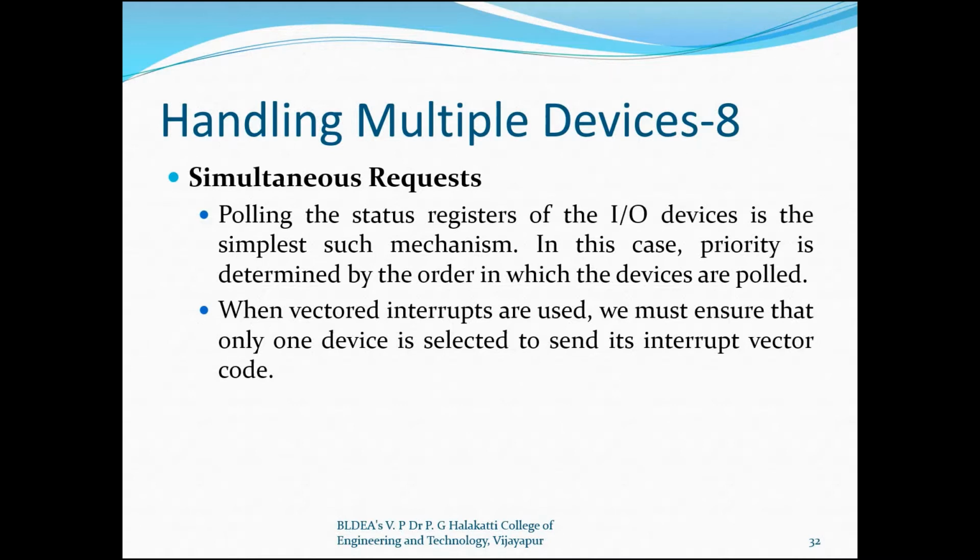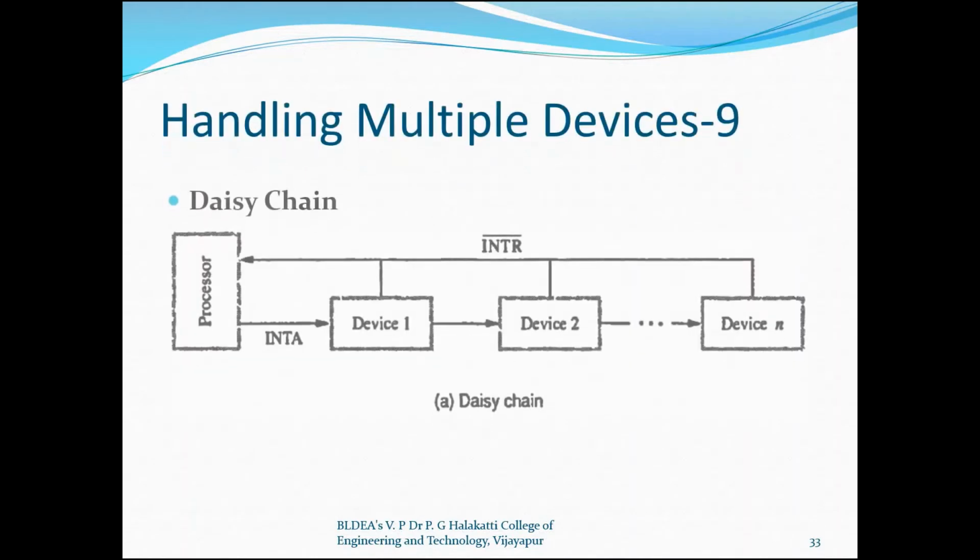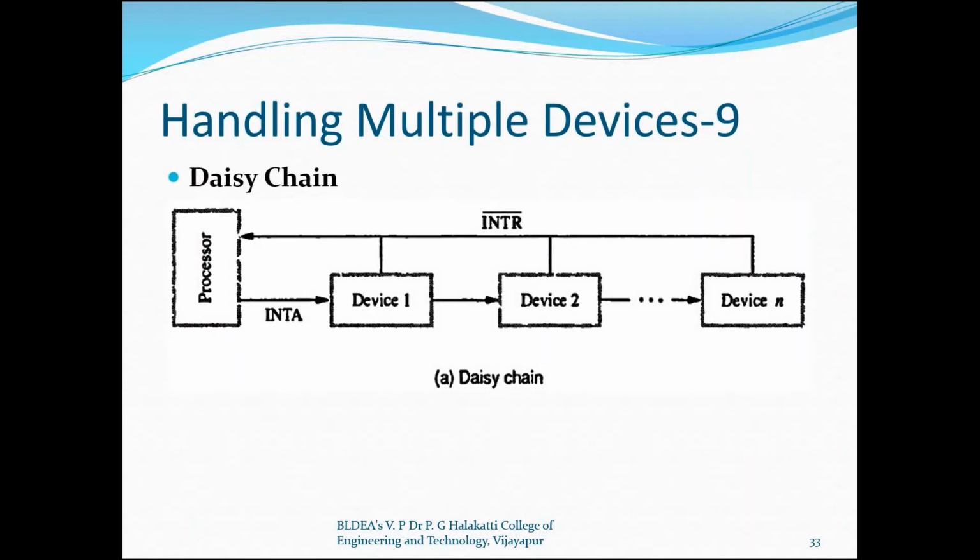Now in this case, priority is determined by the order in which the devices are polled. Whenever we are using vectored interrupt, we must ensure that only one device is selected to send its interrupt vector code. Now we'll see how simultaneous requests can be handled.